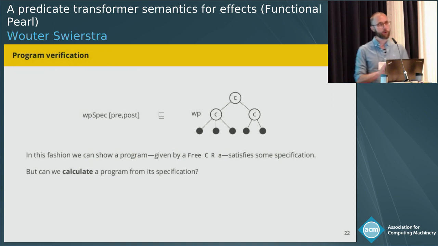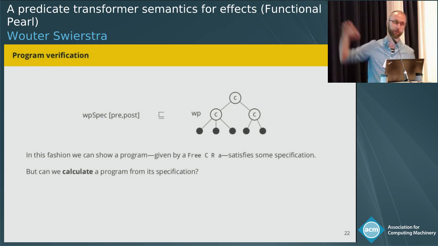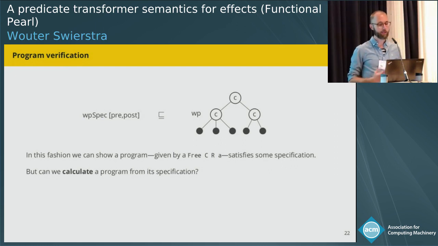So what we've seen so far is a bit of program verification, right? Where we take a specification, compute its predicate transformers, and show that it can be implemented by a program. And I've drawn the program here as a little syntax tree with a bunch of commands and values returned in the leaves. So what about, instead of doing this kind of monolithic verification, doing program calculation? Where I start with the specification, and I refine the specification until I have a finished program.